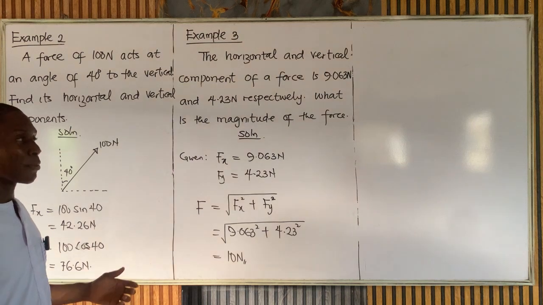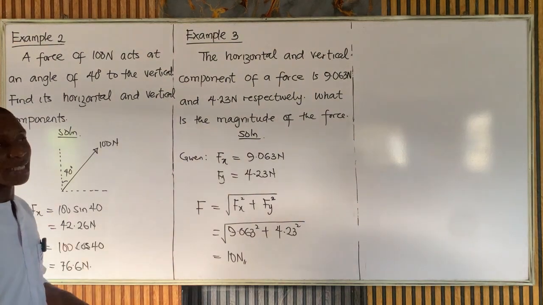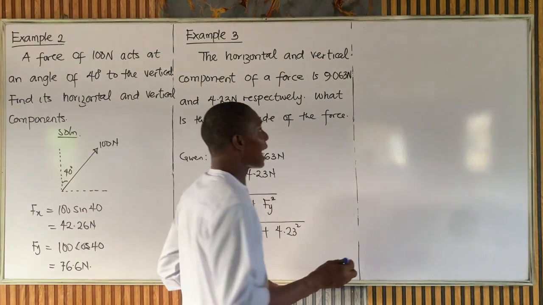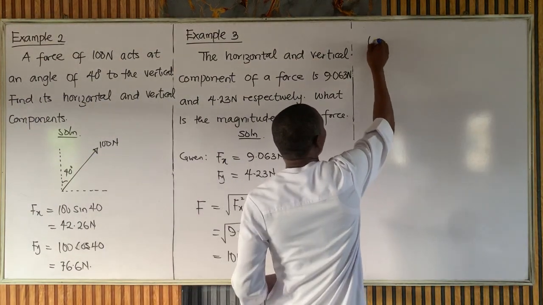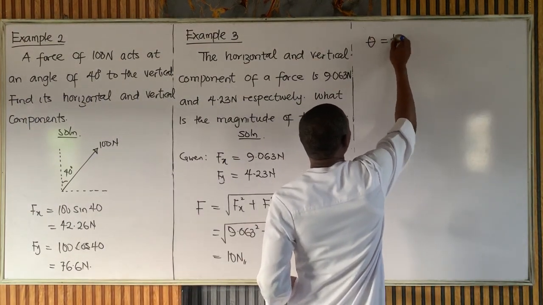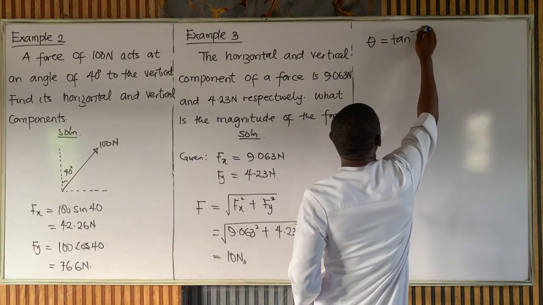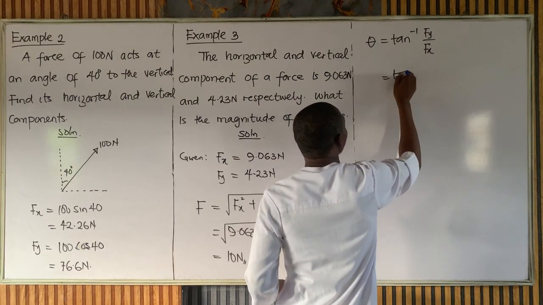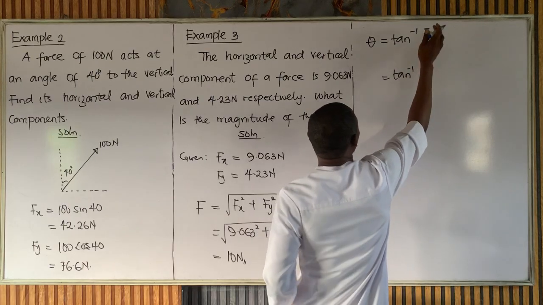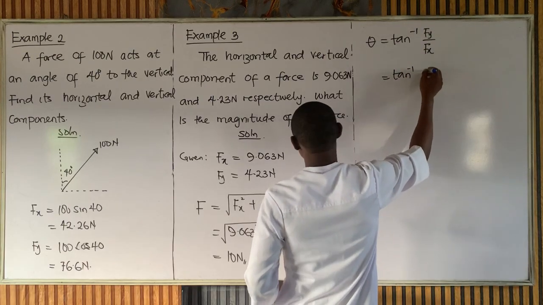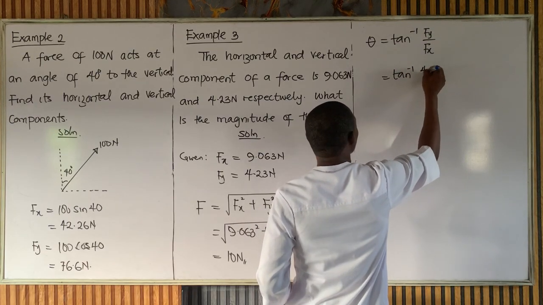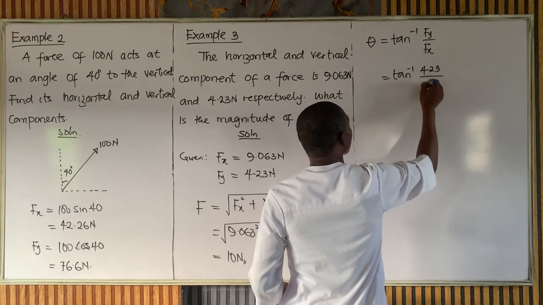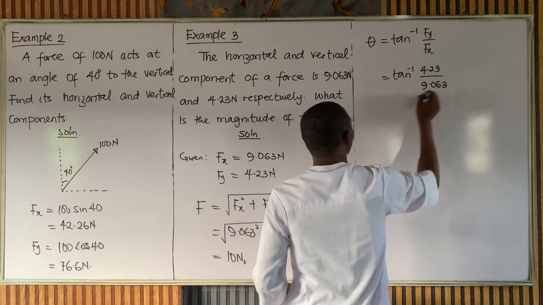horizontal and vertical components. Now, another thing you could be asked here is the angle the force makes with the horizontal. To do that, all you need to say is that the angle it makes with the horizontal is theta equals tan inverse of f of y over f of x, which is tan inverse of 4.23 over 9.063.